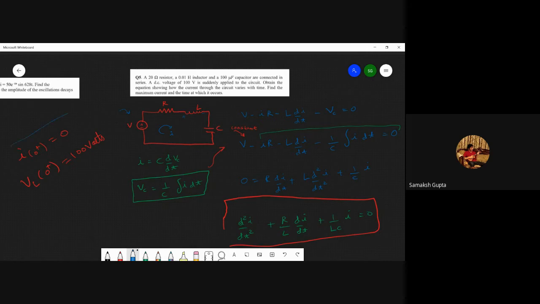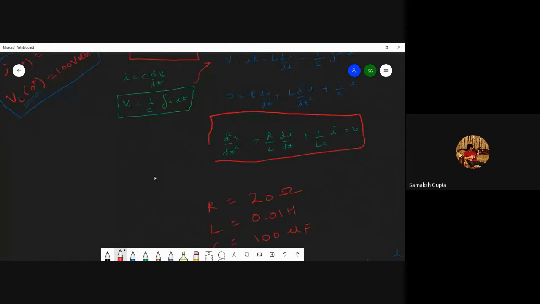Here we can see an example where the current is not changing instantaneously. At 0-, it was 0 because the switch was open, and VL was also 0. But at 0+, VL has become 100 volts even though current is the same. So current across an inductor will not change instantaneously, but the voltage can. When we write L di/dt, this di/dt is in general the rate of change of current, not for this instance.